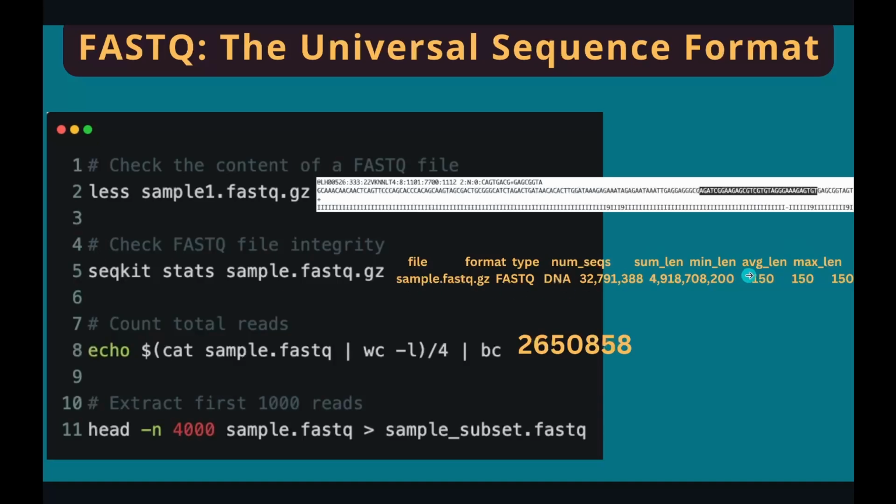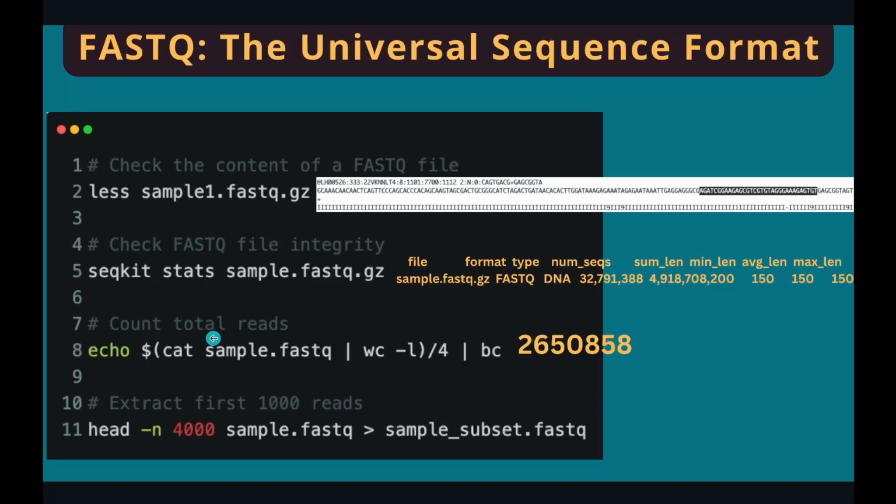The bottom line is the information of your FASTQ file. Look at this. You have the file, the format FASTQ, type DNA, number of reads, sum of length, minimal length, 150, average length, and max length.